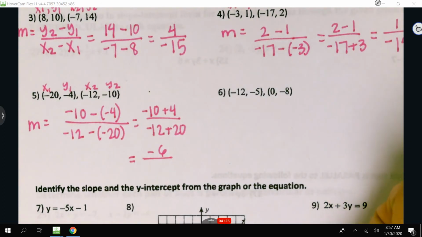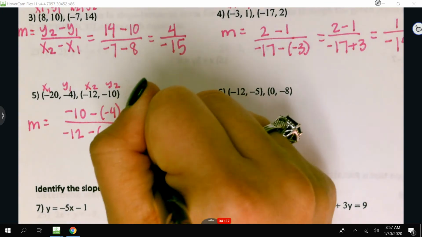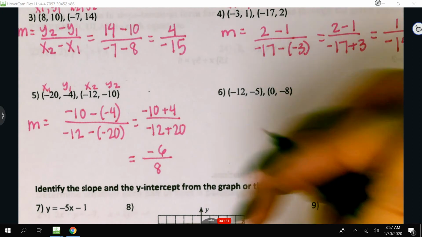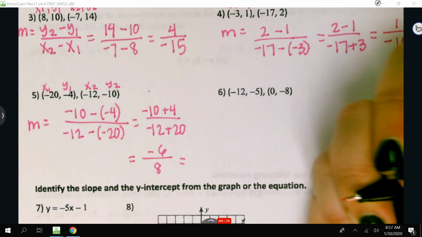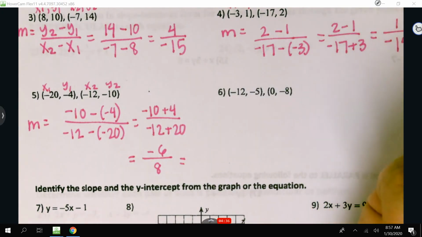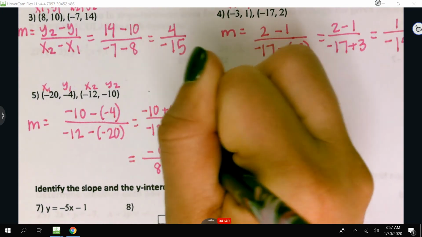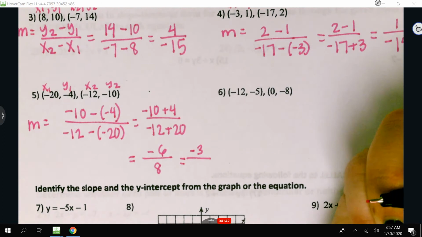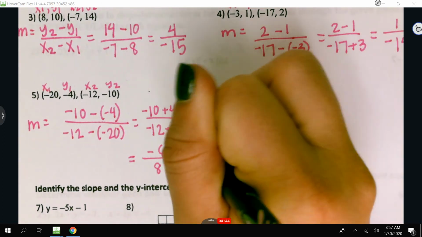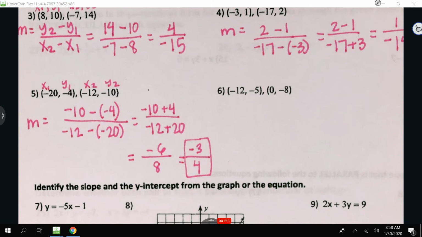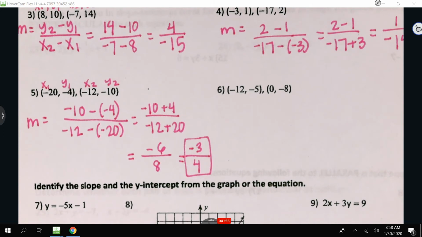Negative 12 plus 20? Positive 8. Can you simplify that at all? Yes. How? Divide by 2. Yeah, you can divide top and bottom by 2. So negative 6 divided by 2 is negative 3. 8 divided by 2 is 4. So negative 3/4 is your slope on that one. Always have to simplify. I'm not giving partial credit for not simplifying on this test like I did last test.